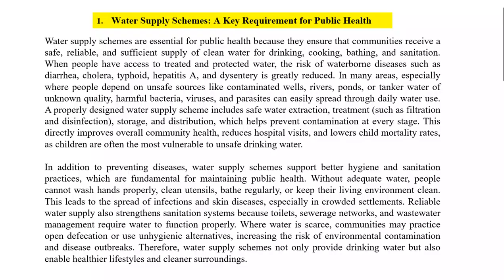In many areas, especially where people depend on unsafe sources like contaminated wells, rivers, ponds, or tankers, water of unknown quality, harmful bacteria, viruses, and parasites can easily spread through daily water use. A properly designed water supply scheme includes safe water extraction, treatment such as filtration and disinfection, storage and distribution, which helps prevent contamination at every stage.